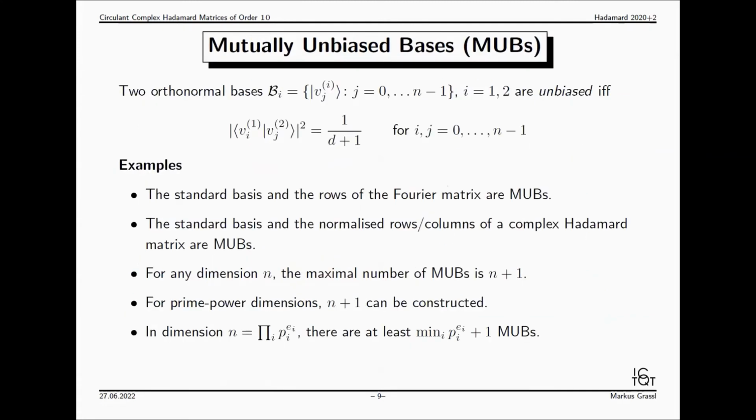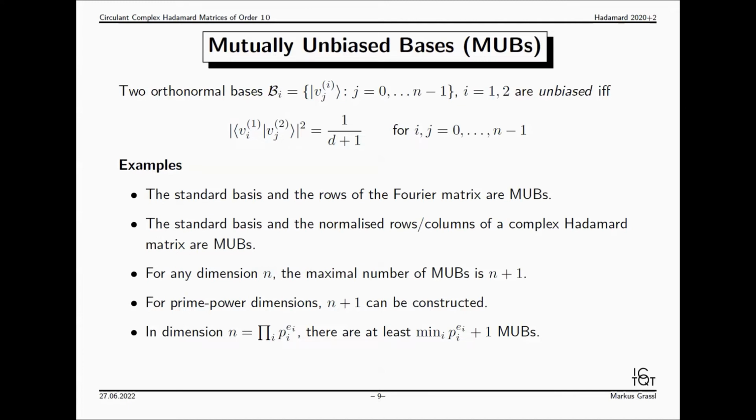So what is the connection to mutually unbiased bases? And for that, I first have to state what mutually unbiased bases are. It's just orthonormal bases written in physicist notation in this case. So the i labels the index of the basis, the j labels the index of the vector within the basis.